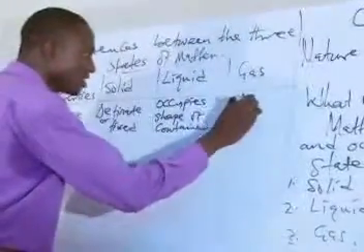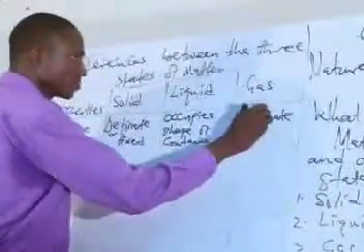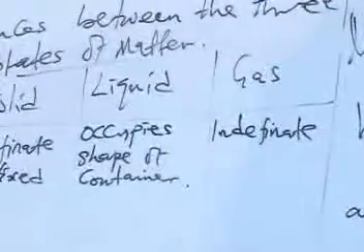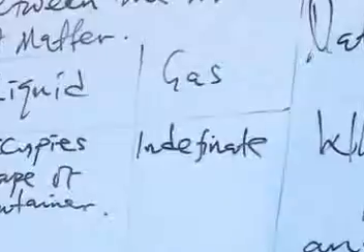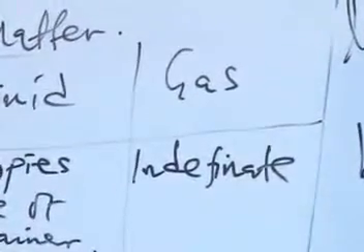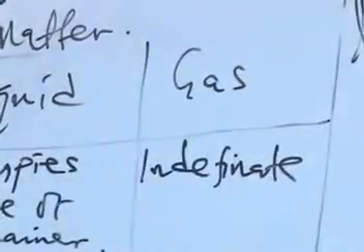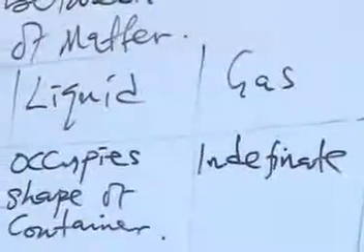But in terms of gases, they have indefinite shape, meaning they do not have a shape whatsoever. Later in our class, we will be discussing a kind of movement in gases, which we call zigzag motion. The second property we shall be looking at is volume.